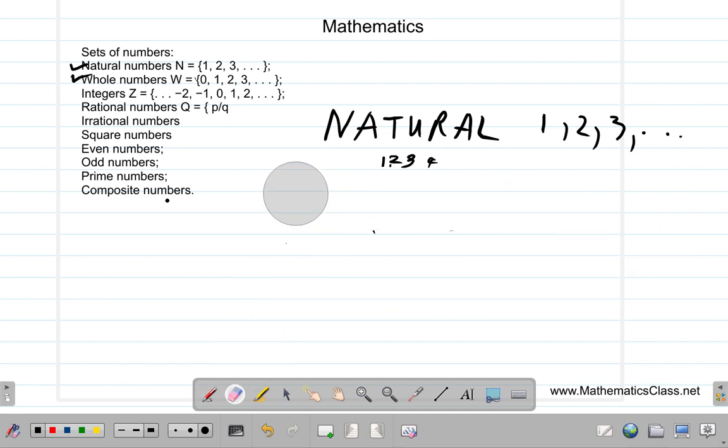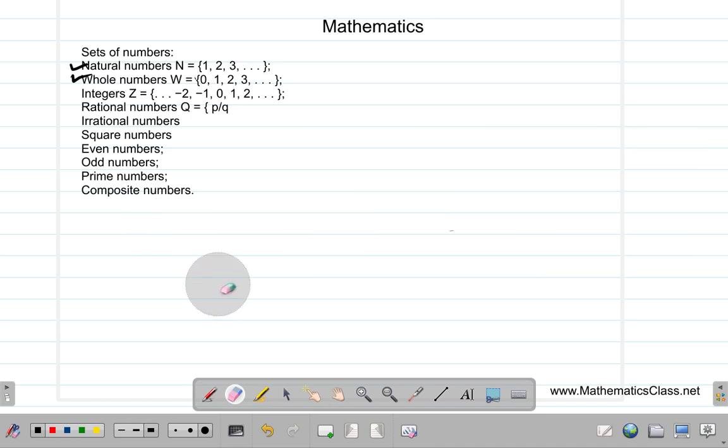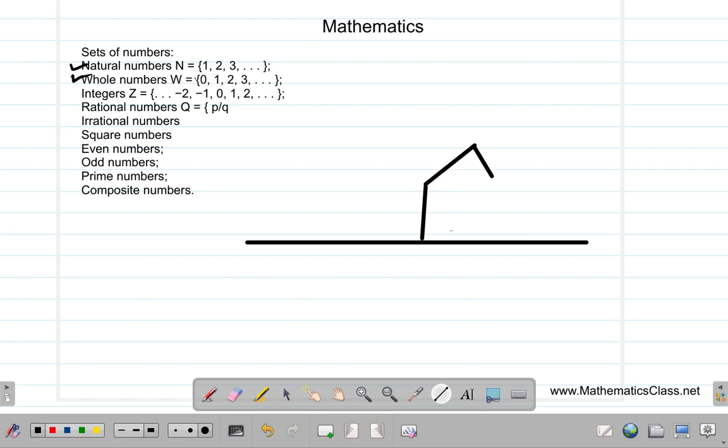Example. You have the ground. You have a house. You have the window. Let's say the window is 5 meters above ground level. You consider ground level as 0 meters.